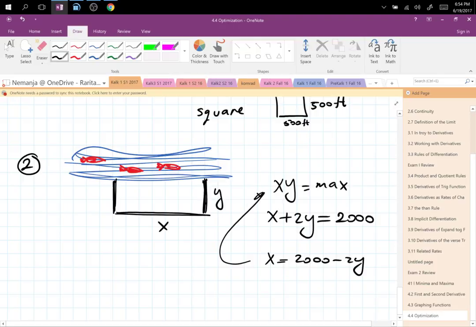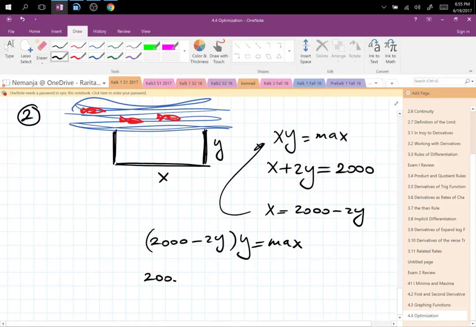And now when we plug that in, hit it with the derivative, we see it's different.